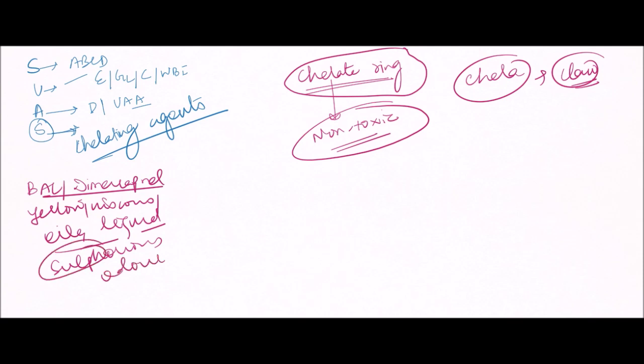Dimercaprol has two sulfhydryl groups, two SH groups, which bind with the poisonous substance.